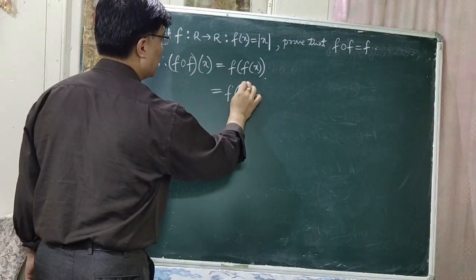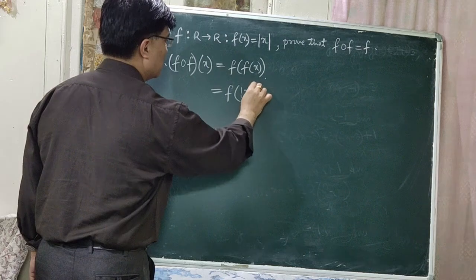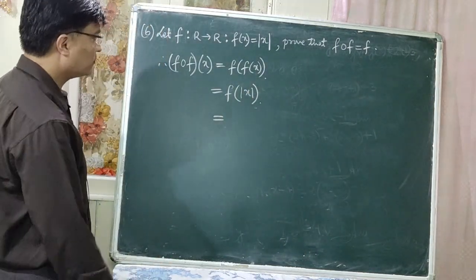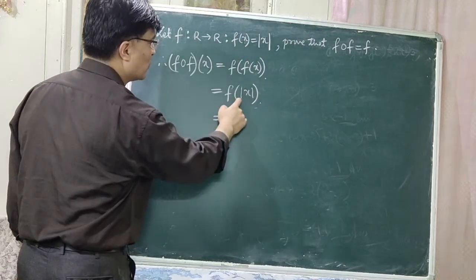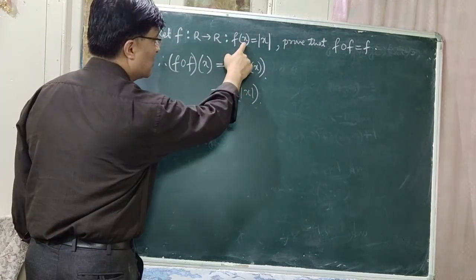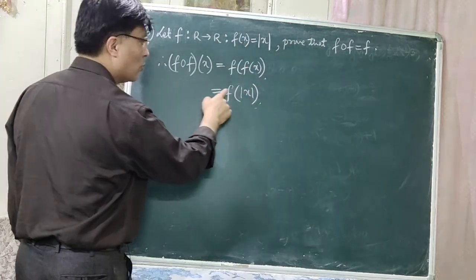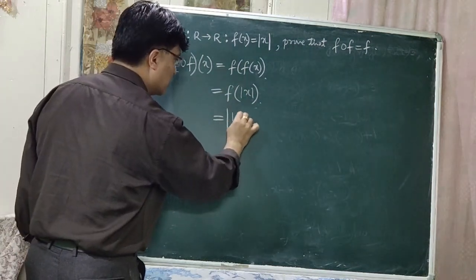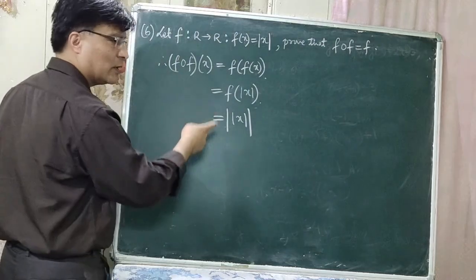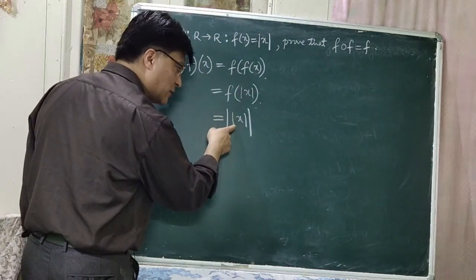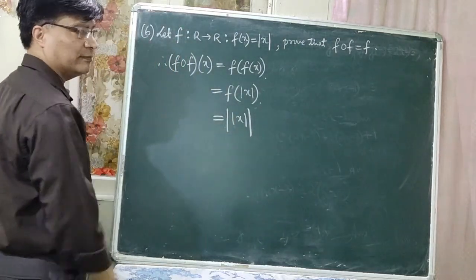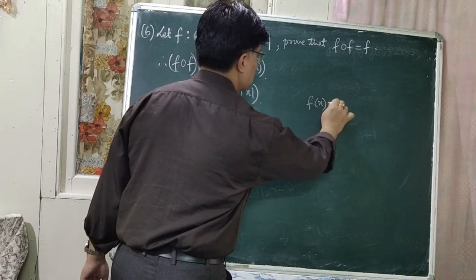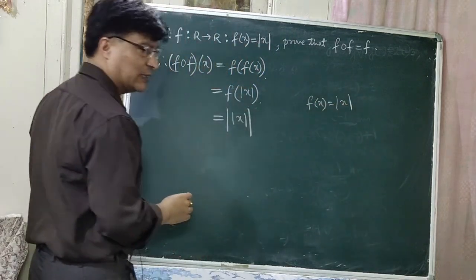So instead of x there is mod x. What is the value for f of mod x? Again you have to put it within mod, because you have f of x is equal to mod x.